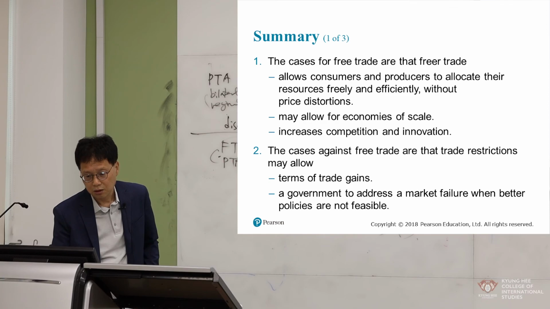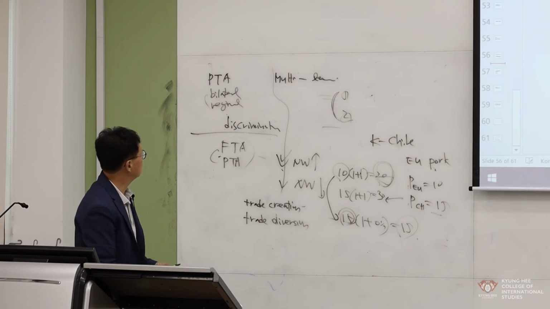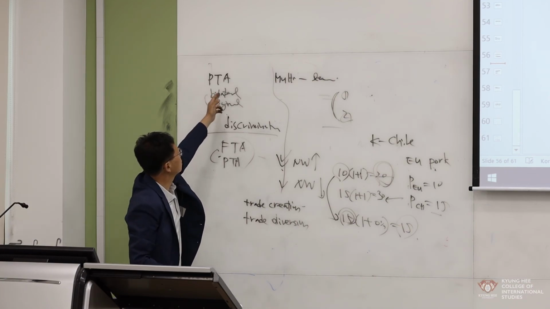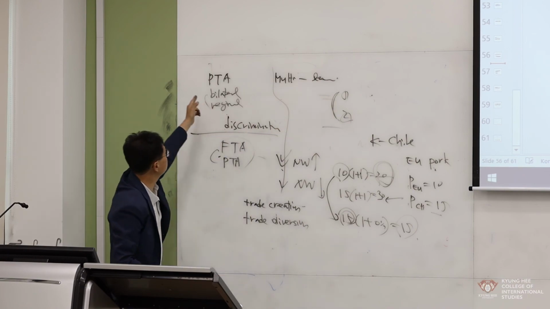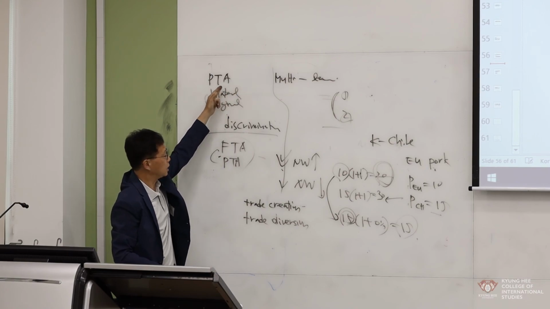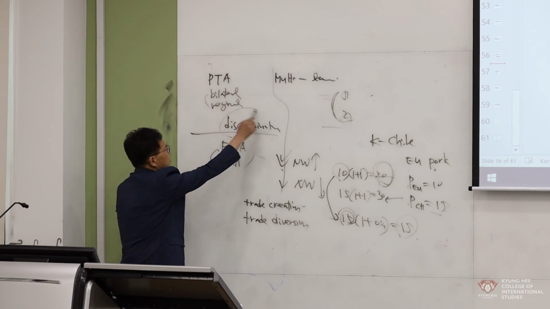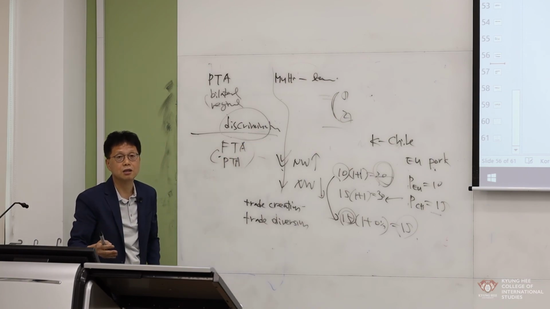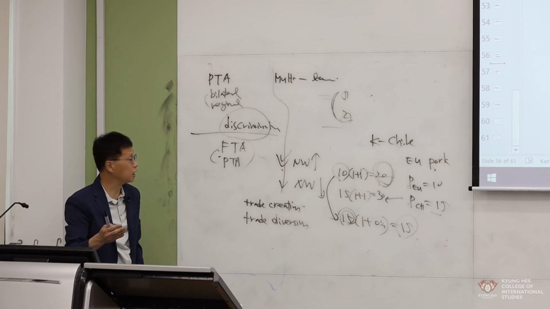So now I've finished everything, right? Chapter 10, section 5, PTA. Earlier, section 4, the multilateral liberalization process. Section 5, preferential trade agreements, or FTA. The important thing in PTA is that discrimination can occur, violating the MFN principle of the WTO.